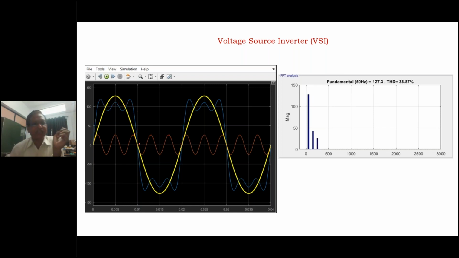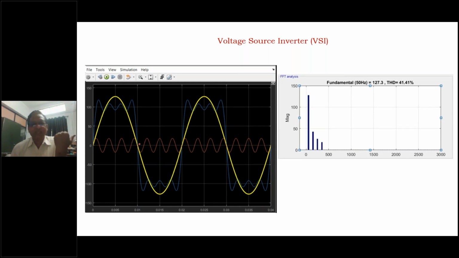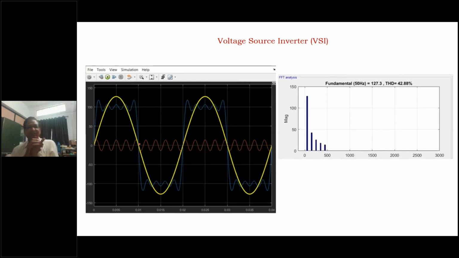If I add the seventh harmonic, the waveform will be like this. If I add one more harmonic, the waveform will be like this. So these are the third, fifth, seventh, and ninth harmonics, and this is the waveform, and its FFT is given here.